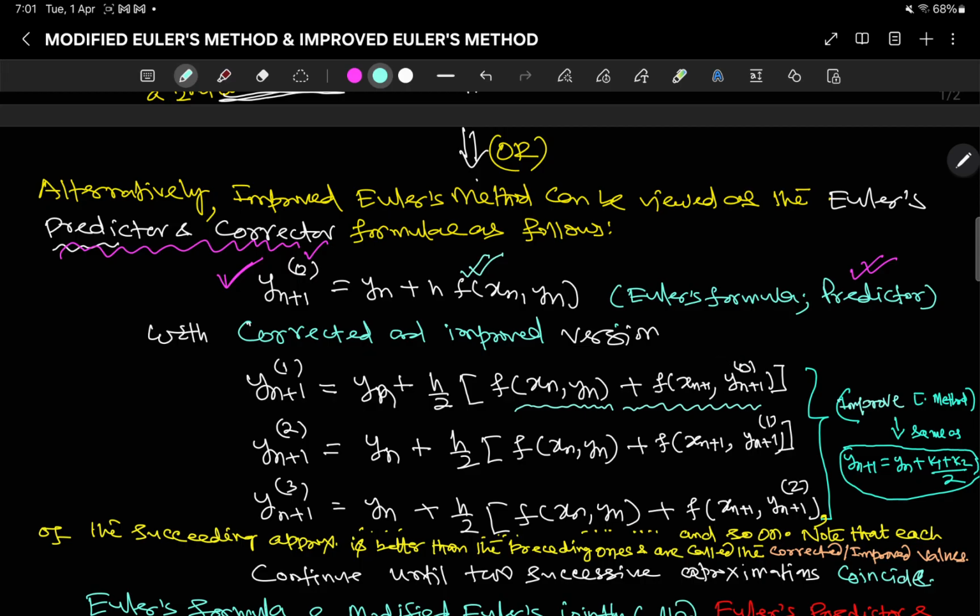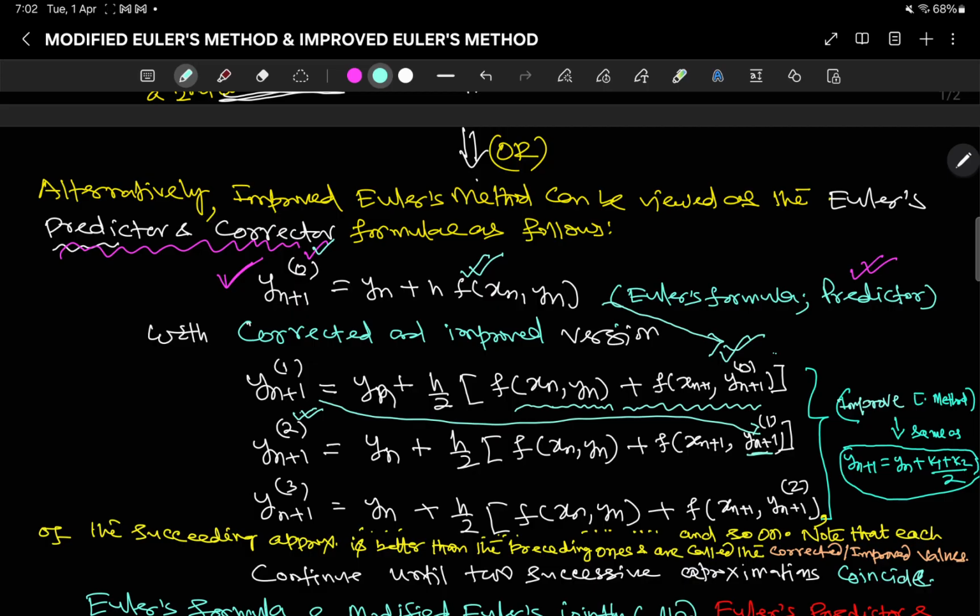However, this is improved by this. Instead of simply this yn plus 1, I take this yn plus 1 which has been derived from the previous step. Then again I use the same formula, meaning I take the average. This is my second improvement. Here we use this one. This yn plus 1 is used over here, and gradually we go on improving.